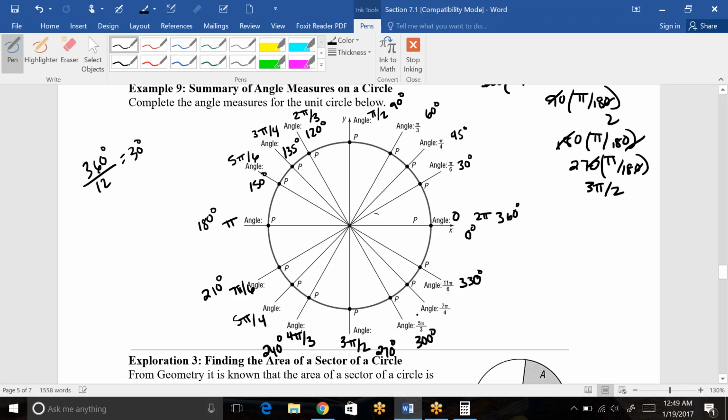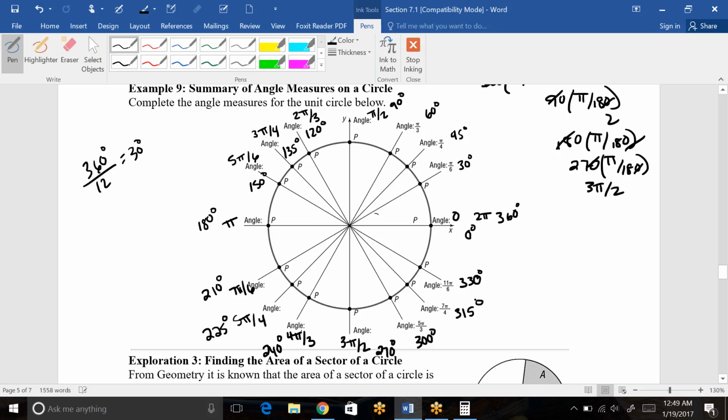And then we do need to get our 45 angle ones. So 45, 90, 135, 180. This one is 45 added to that, which would be 225. Add 45 again, you get this guy down here. And then add 45 to 270, and you get 315.